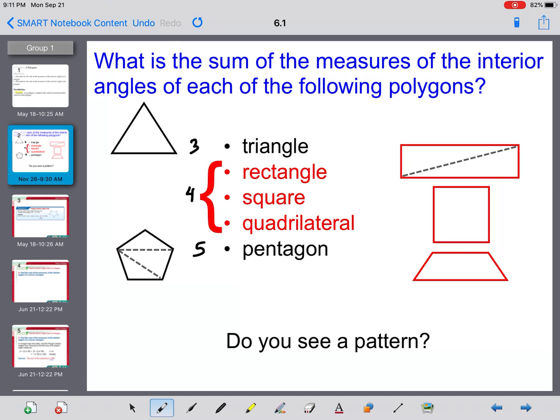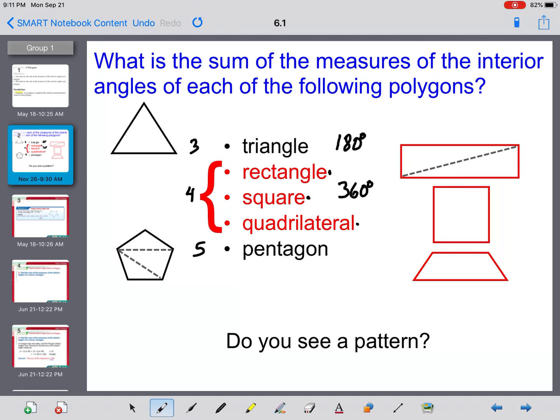And I've got some pictures drawn here, and I want to talk about degrees. I think we know, because we've already dealt with it, there's 180 degrees in the three angles inside a triangle. For a quadrilateral, one of the reasons I use rectangle and square is because you know that a rectangle and square has four angles that are each 90.